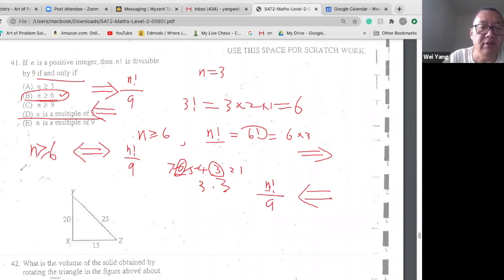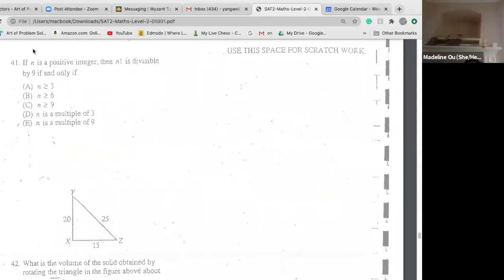So when n is greater or equal to 6, you can get n factorial divisible by 9. And from n factorial divisible by 9, you can get n is greater or equal to 6. You can guarantee these two statements are true. Otherwise, this is not if and only if.